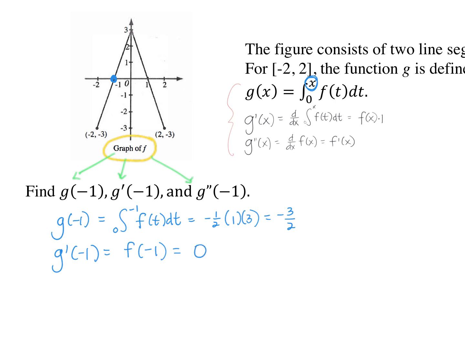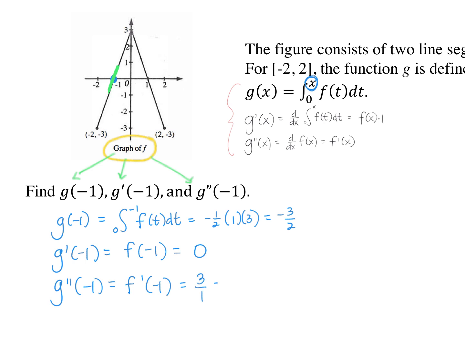And then lastly, we're asked to find g double prime of negative 1, which is related to f single prime of negative 1, which is the slope through the point at negative 1. So looking at the slope along that linear piece, you count the rise over run, so that's up 3 over 1.